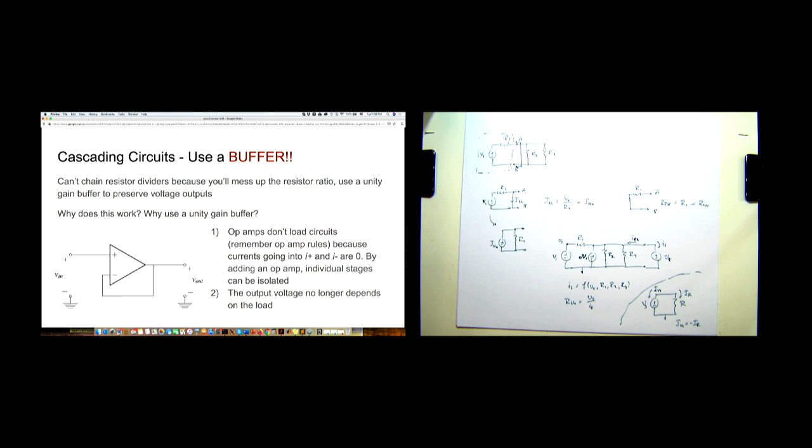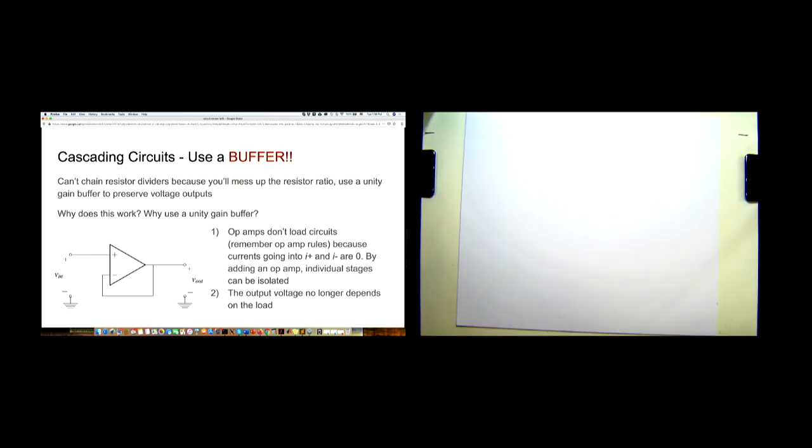So if you add a unity gain buffer, I'm going to draw this on a new paper.